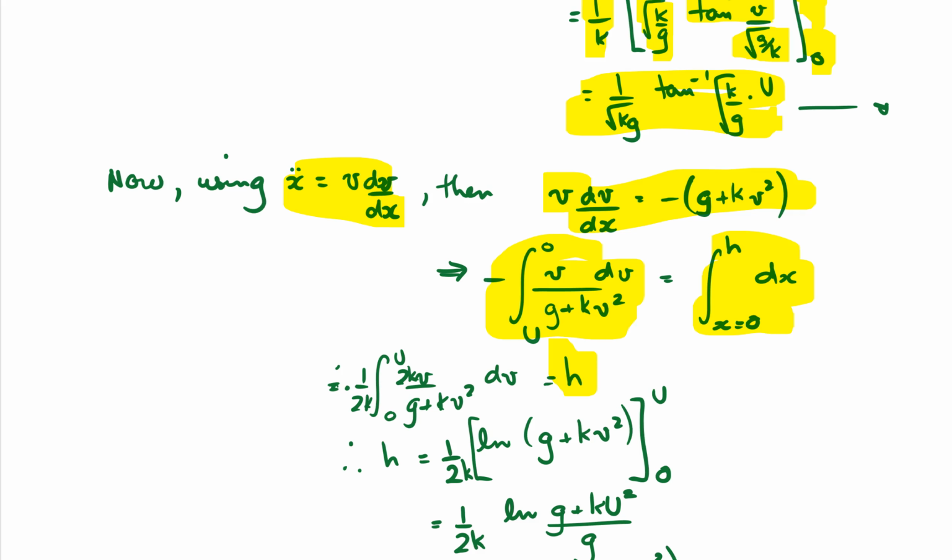Now on the left hand side we can again use that negative to change the limits around, and we would like to have 2kv on top of this, so that will give us 1 on 2k out the front, so that we can then integrate that into a log.